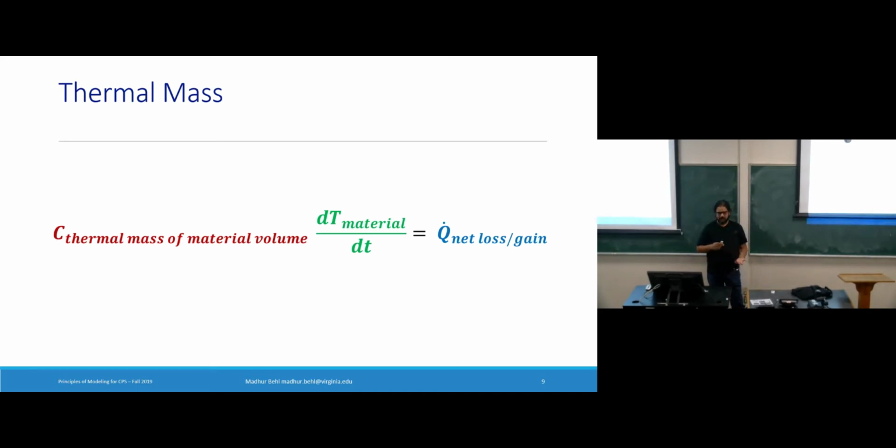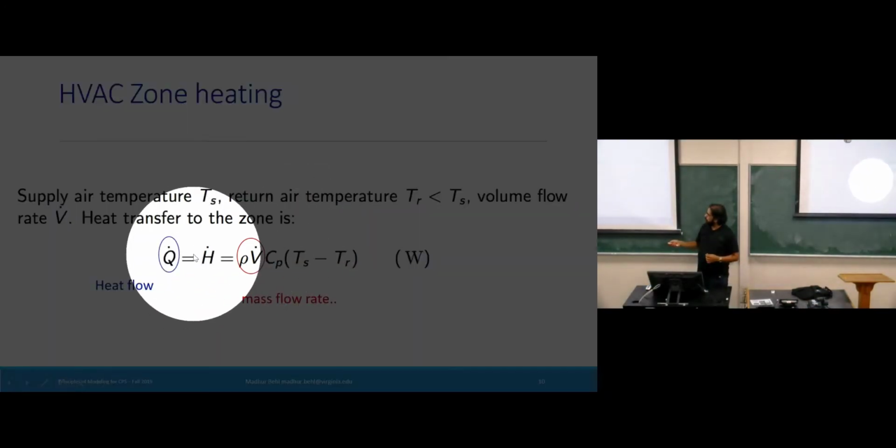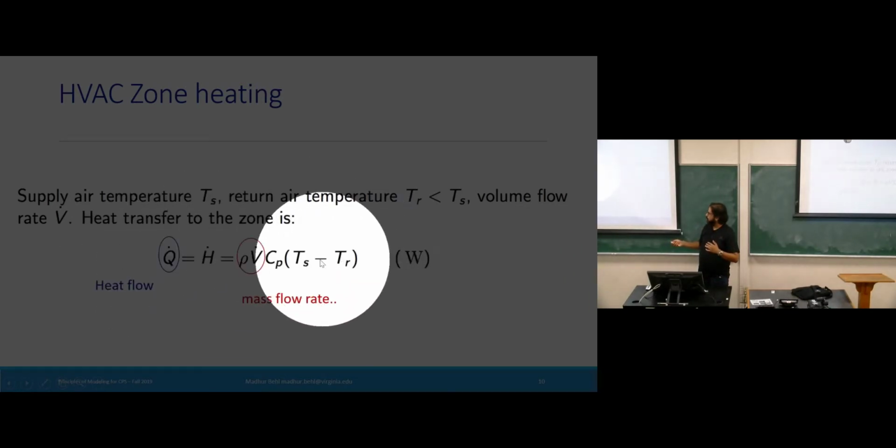Right, so how does it equate to what an HVAC system does? So you've seen this before, and I didn't go into too many details, but essentially an HVAC system is doing exactly this. So let's interpret this equation now, which says that the heat flow into a system or out of a system, the directionality, by the way, when I say into or out, will depend upon this relationship with supply and return.